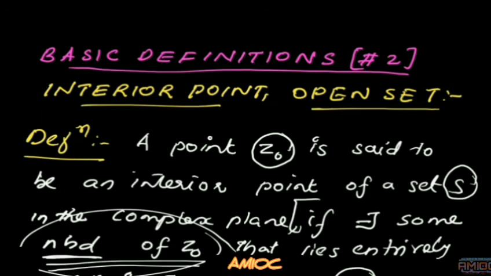If every point of the set S is an interior point of the set S, then we say that the set S is an open set. Therefore, we define the interior point in terms of the neighborhood, and the open set in terms of interior points.